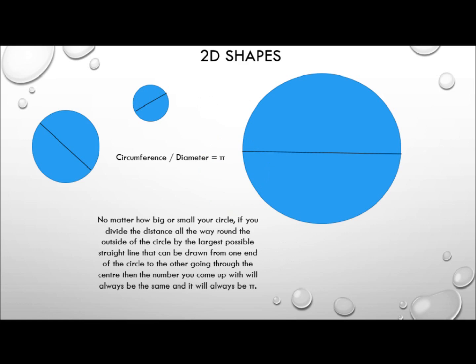No matter how big or small your circle, if you divide the distance all the way around the outside of the circle by the largest possible straight line that can be drawn from one end of the circle to the opposite end going through the centre, then the number you come up with will always be the same, and it will always be this mathematical constant that seems to crop up a lot in maths called pi. Pi is the ratio of the circumference to the diameter of any circle.